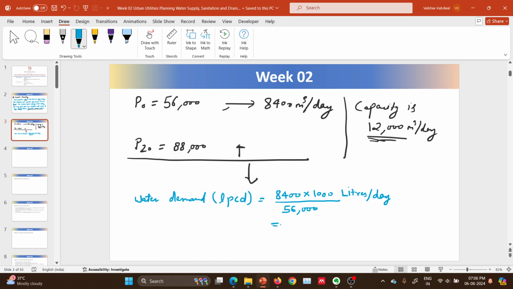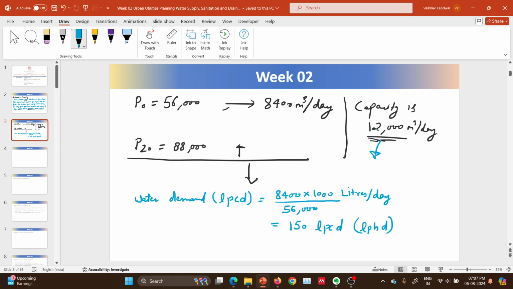So how much will we get? 8,400 into 1000 divided by 56,000, that is 150 LPCD, liters per capita per day, or it can be written as LPHD, liters per head per day. Let's not find it out for P20. Let's calculate for 12,000.